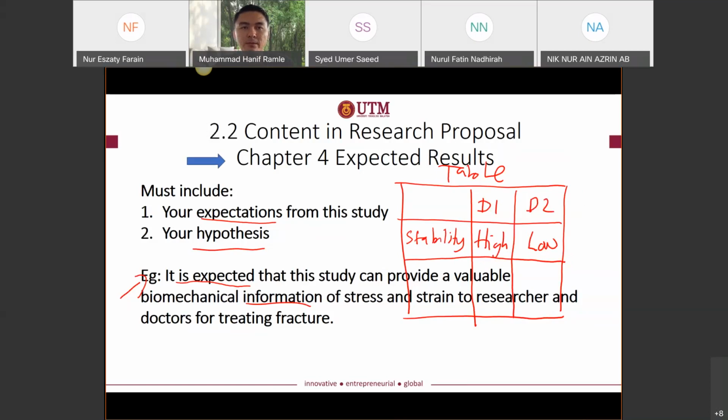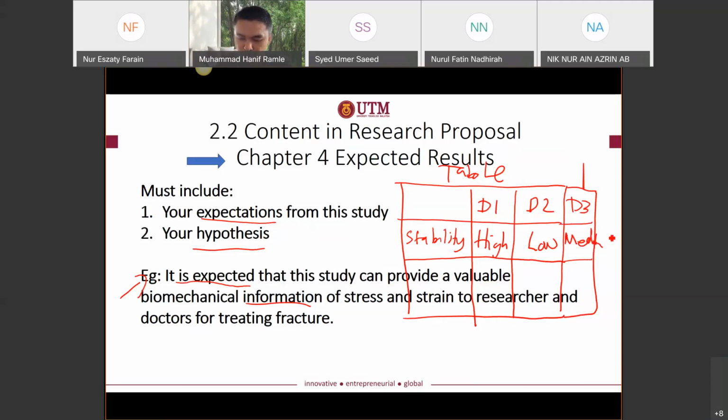This is your brief conclusion on your expected results. If you have 3 designs, for example, you can put 3 columns like this, and this one may be medium.